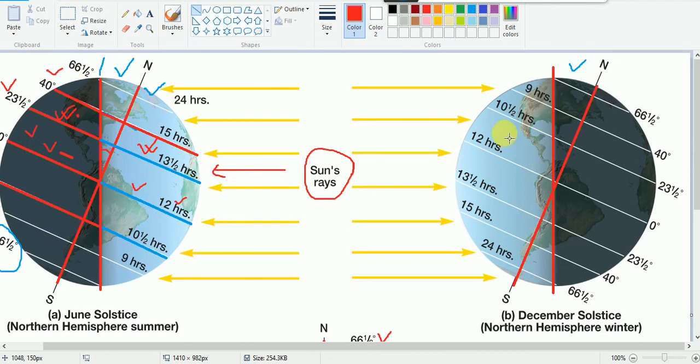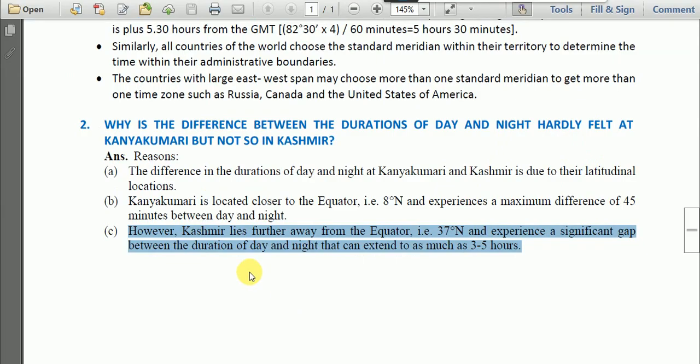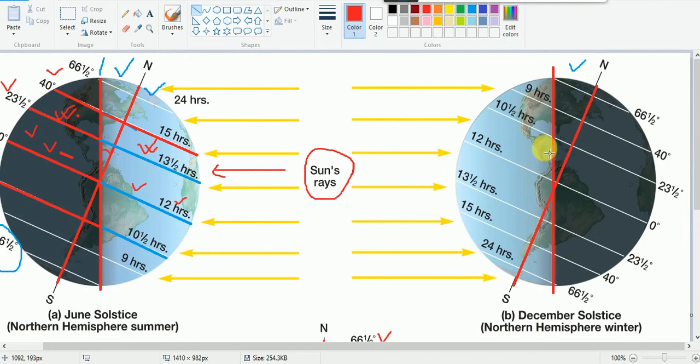Jammu and Kashmir, you know, is in the northern hemisphere, and we also have known the location here. Jammu and Kashmir is located at around 37 degree north. Just see here we have 23.5 degree, and between 40 and 23, somewhere here, we have Jammu and Kashmir.